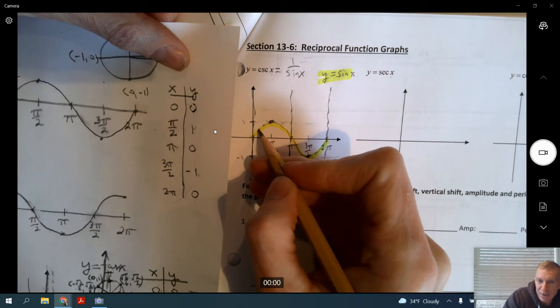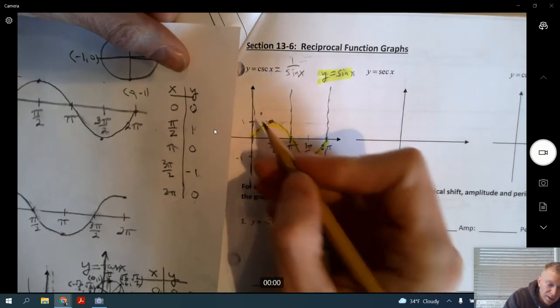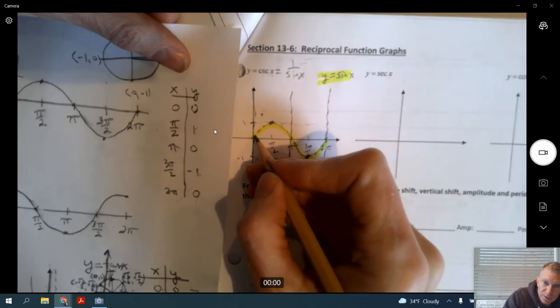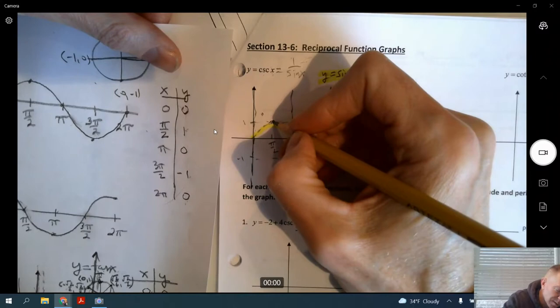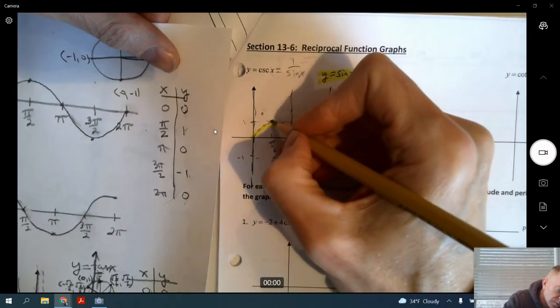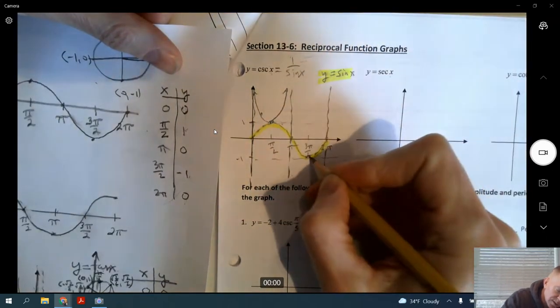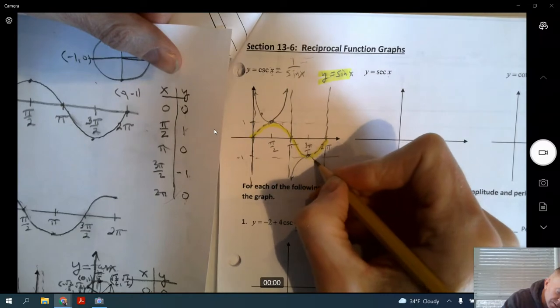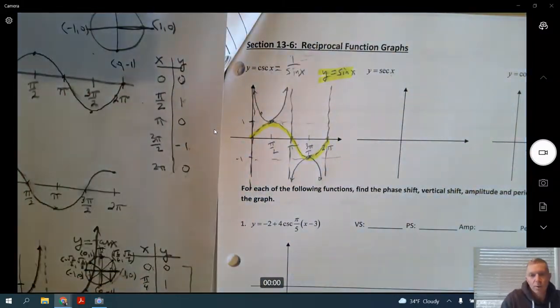The reciprocal of 1/2 is 1 over 1/2, which is 2, so you're going to get a value up here. When your y value is really close to 0, say 1/10, the reciprocal is 10 over 1, so it's going to get bigger. As y approaches 0, the reciprocal goes off to infinity. So this goes towards these asymptotes, and this goes towards these asymptotes. That right there is your reciprocal function.